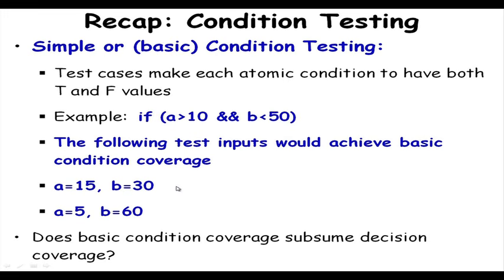So, the following two test inputs will achieve basic condition coverage, because the first one, a equal to 15, will set it true and b equal to 30 will also set it true, and a equal to 5 will set it false and b equal to 60 will also set it false.